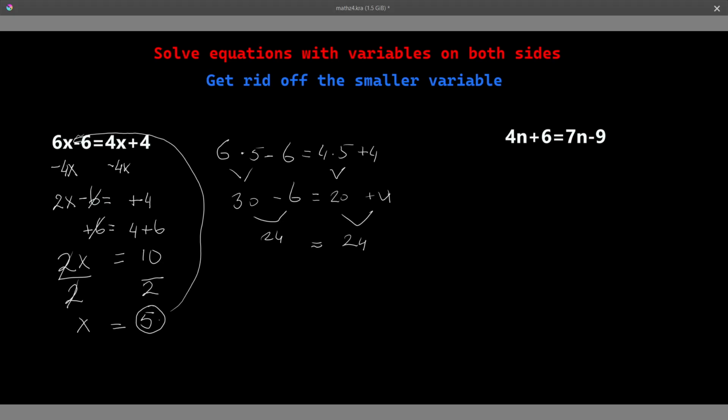So our answer of 5 for the variable x is correct.